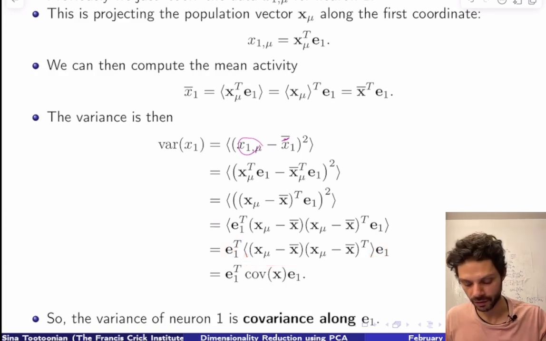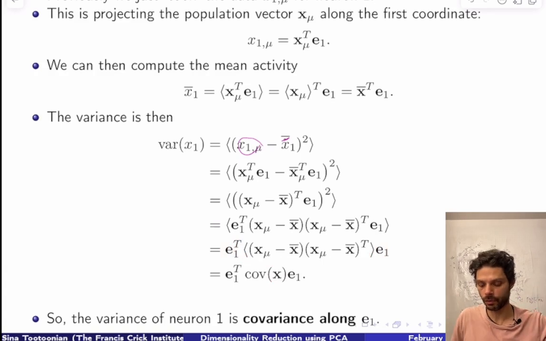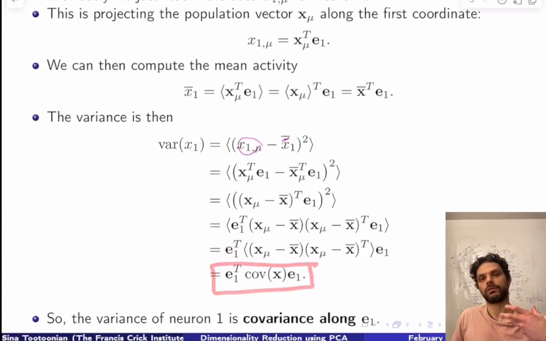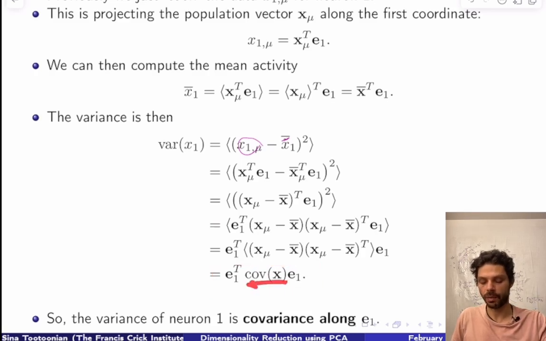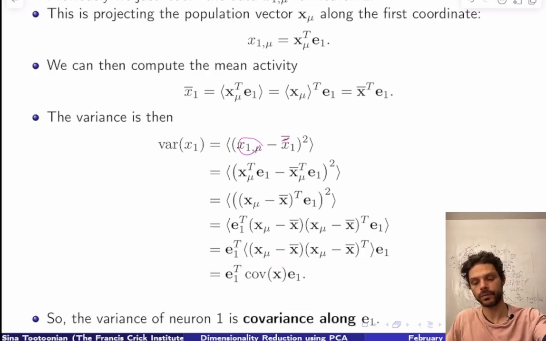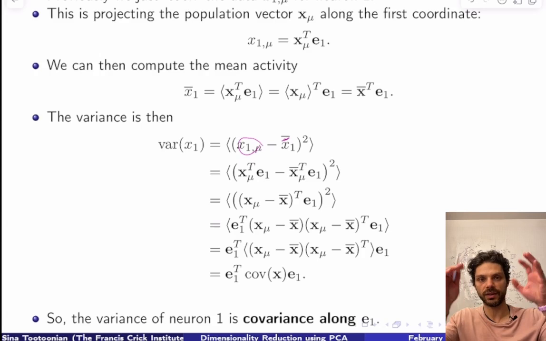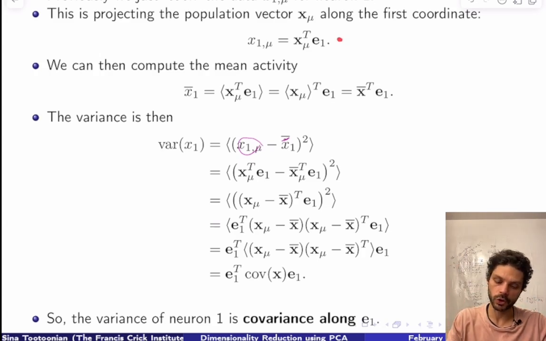You don't have to follow every single step, but the point that I want to really get across is that to compute the variance of just a normal neuron, we take the population covariance and we project along a direction that corresponds to neuron 1. We've now done this projection multiple times. We wanted the activity, we projected the population vector along that direction.